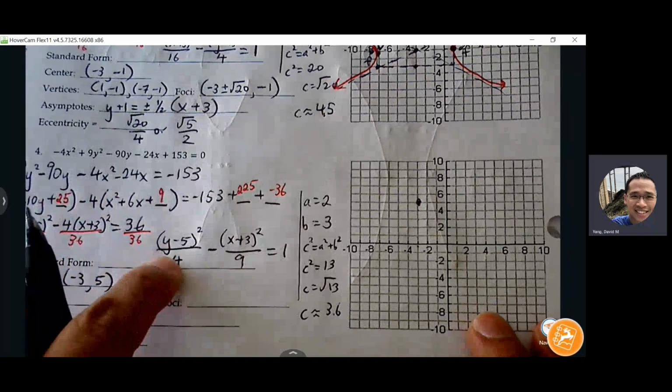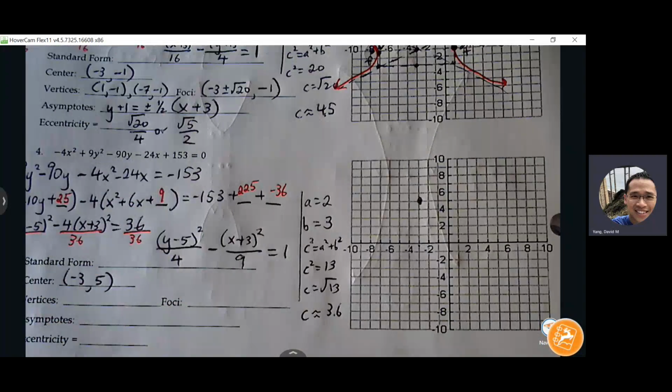Y is the positive one. You know, this is a hyperbola that's going to open up and down.